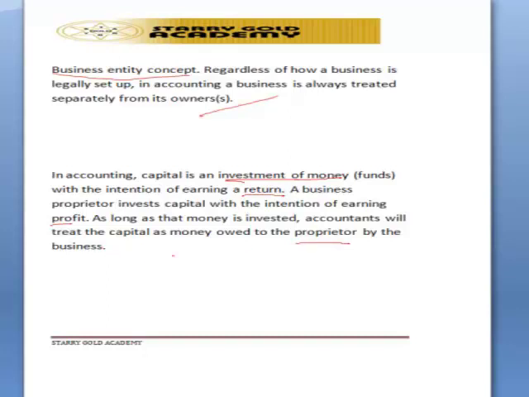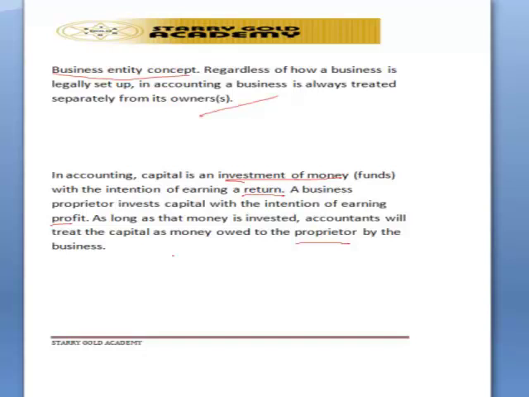So you can see in the actual sense, capital introduced by the owner of the business is a liability. That is how it is treated in accounting, holding on to the concept of legal entity. So that is how we treat capital.